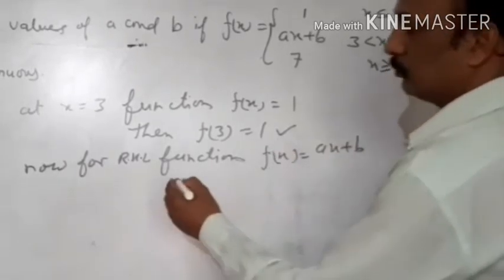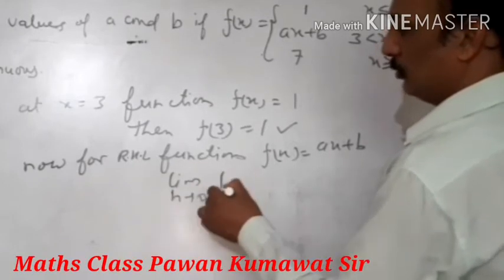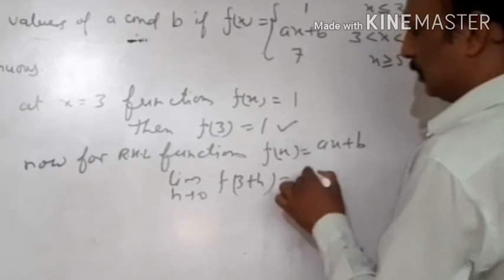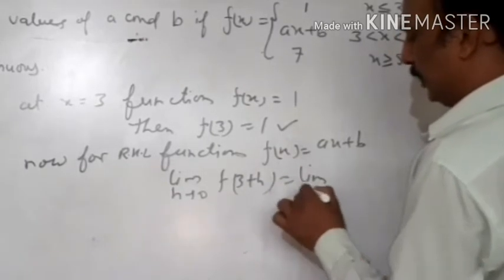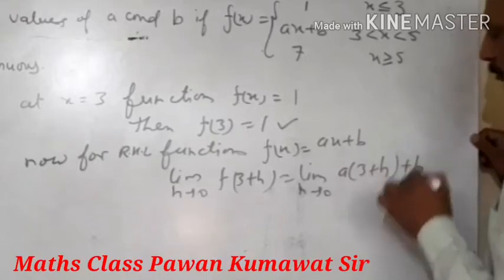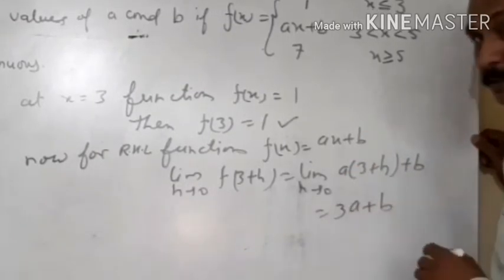Now limit h tends to 0, f(3 plus h) is equal to limit h tends to 0, a(3 plus h) plus b. It will be 3a plus b.